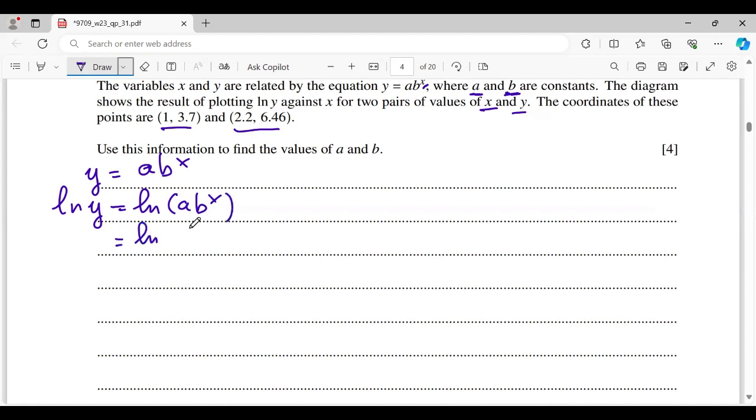Based on the ln rule, it becomes ln a plus x ln b, or ln y equals ln a plus x ln b.